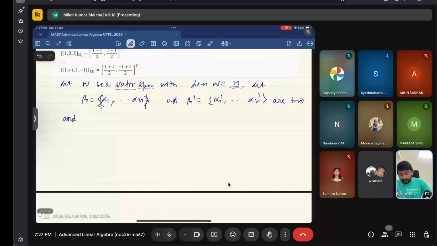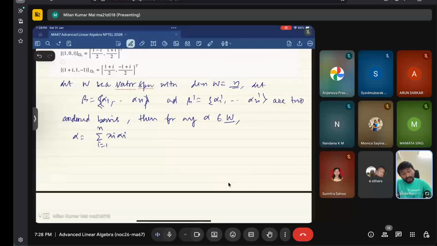If you feel there is any terminology you don't know, you can ask here, not a problem. Ordered basis. Then for any vector alpha belonging to the space W, alpha can be written as a scalar linear combination of these vectors, i equals 1 to n. Also, as this is an ordered basis, alpha can be written this way as well: xi dashed, alpha i dashed, i equals 1 to n.